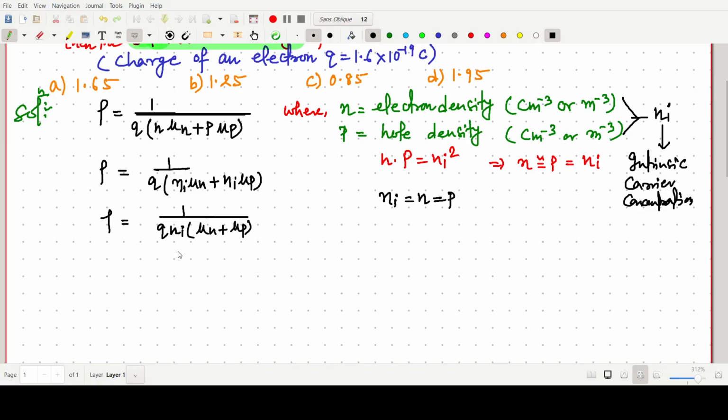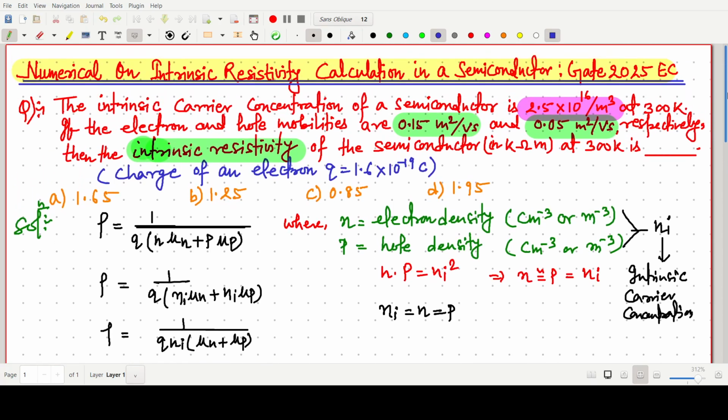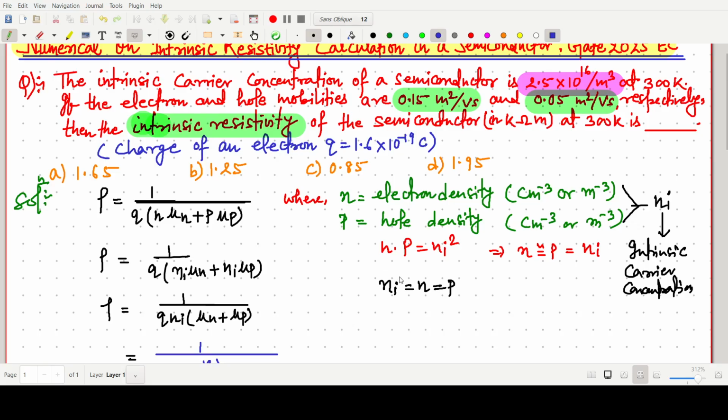Now we have to put in the values. So 1 upon q, where the q value is 1.6 into 10 to the power minus 19. The ni value is given in the question, the intrinsic carrier concentration, 2.5 into 10 to the power 16 per meter cube.